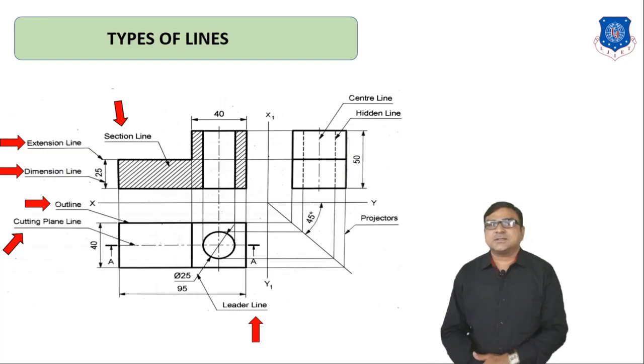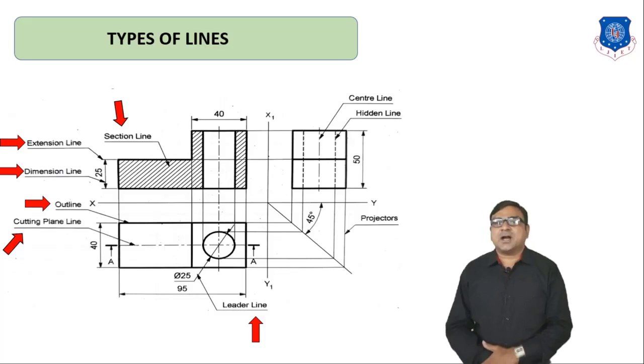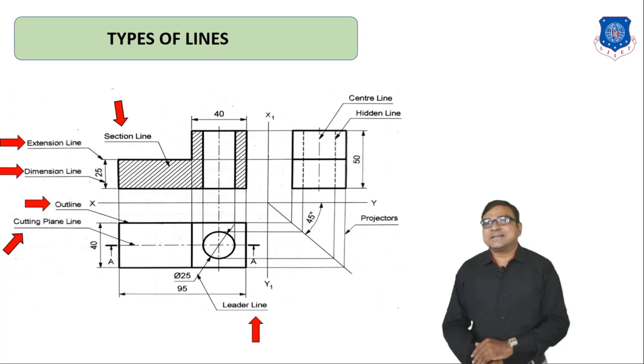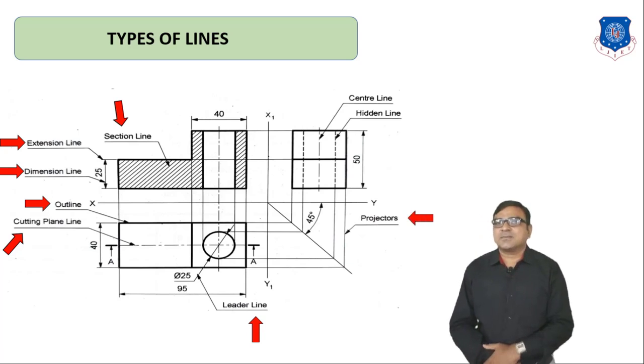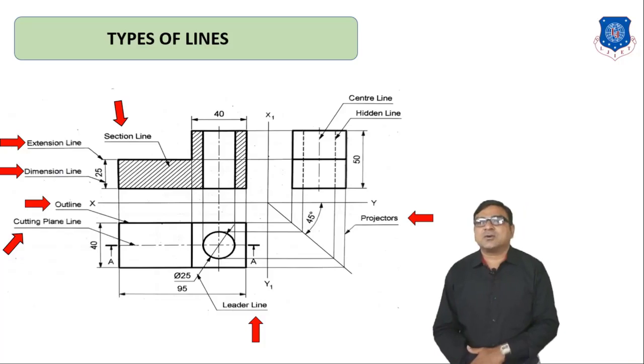Now ladder lines: if you want to represent the dimensions of a small circular hole, we have to extend that dimension line outside the drawing with this type of line, ladder lines. It is continuous thin. Then projectors or projection lines are always thin.